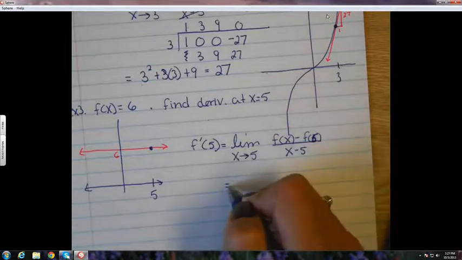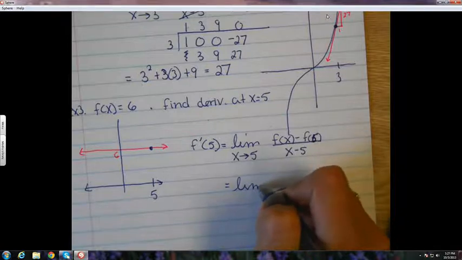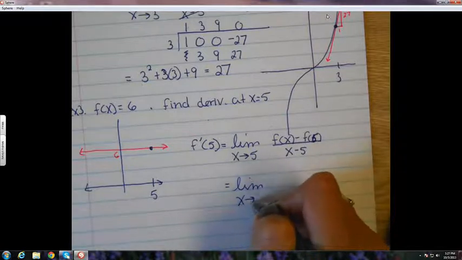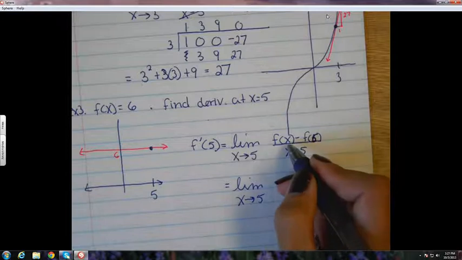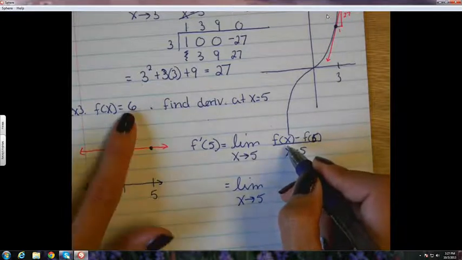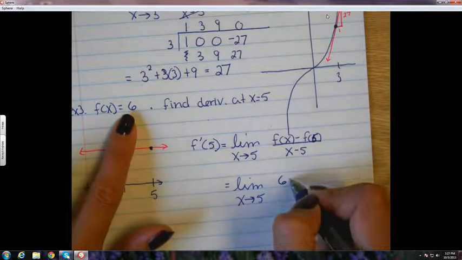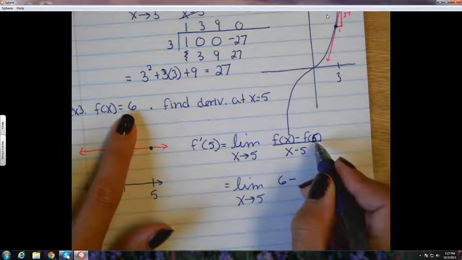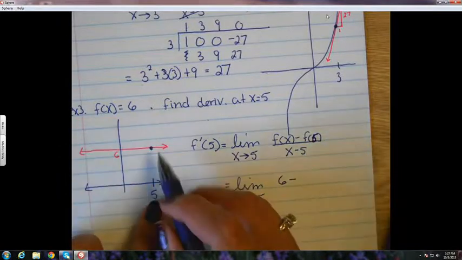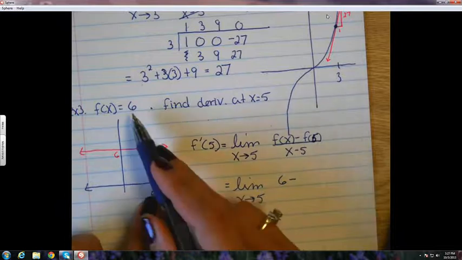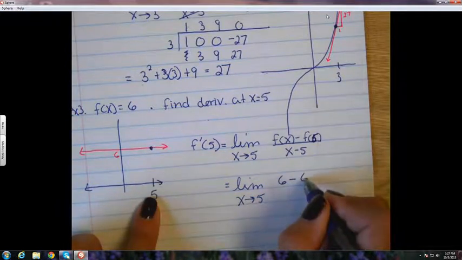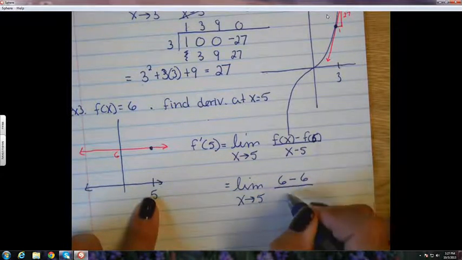Now I'll substitute in. F of x, the equation, is just 6. F of 5, well, what is the function value when x is 5? 6 again, all over x minus 5.